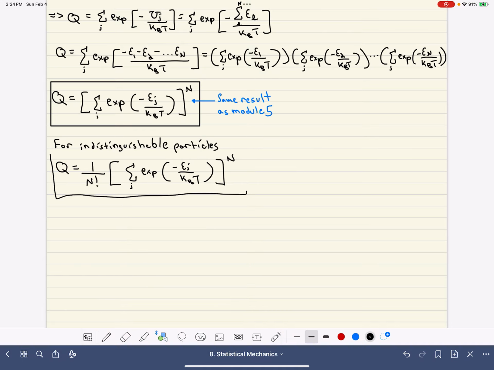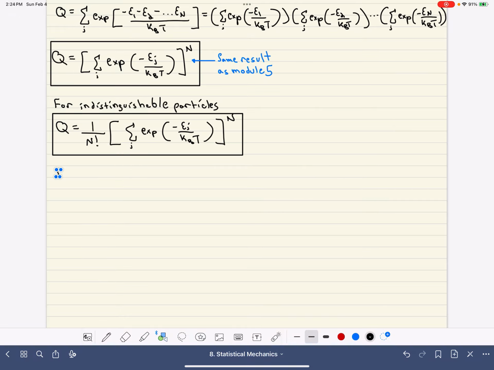And then, just like in Module 5, we could also define the single particle partition function, where lowercase q is equal to the summation of the exponential of negative epsilon j over kBT.